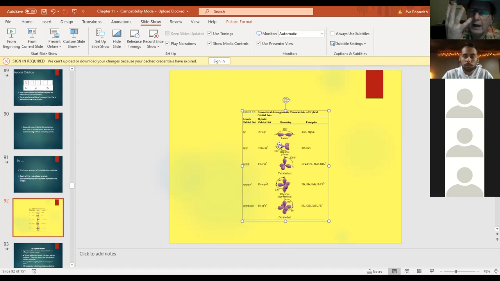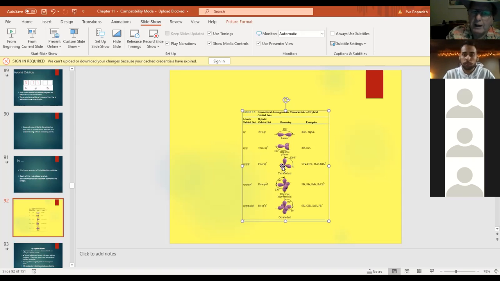4 electron clouds, I have to incorporate an s and 3 p orbitals. So I end up with 4 sp3 orbitals, which makes the tetrahedron. 5 electron clouds, I have to employ an s, p, p, p. I have to incorporate a d as well.